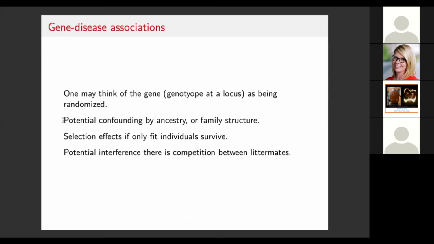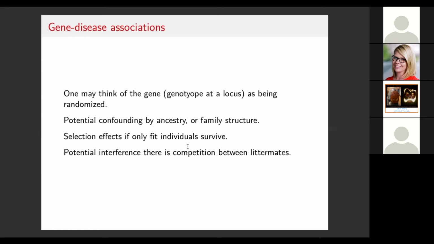There could be potential confounding by ancestry or family structure. That would mean that some of the outcomes are associated with the gene. So that could potentially be an issue.